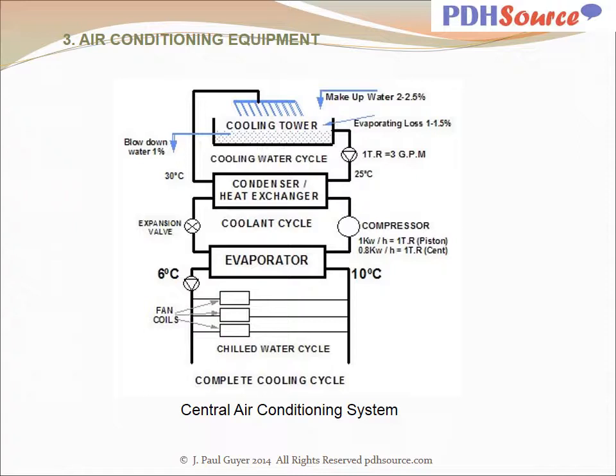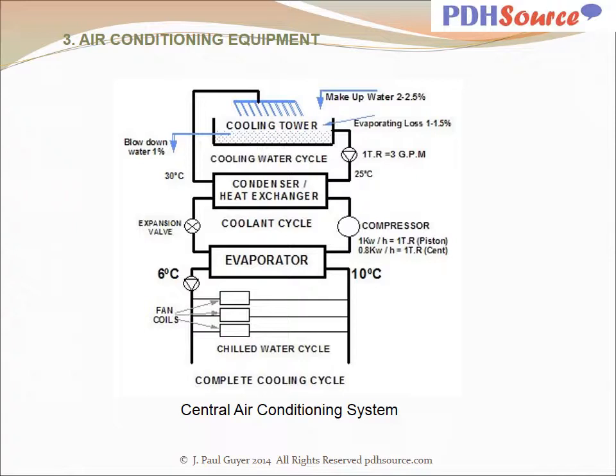Now, this is a little bit different representation of what would be going on. You see the evaporator, and in the previous illustrations we've talked about, it is return air that is blown across the evaporator and is cooled by the cold refrigerant in the coil. But instead of cooling the air directly, you can cool water, and that's what you are cooling with this system that you see here.